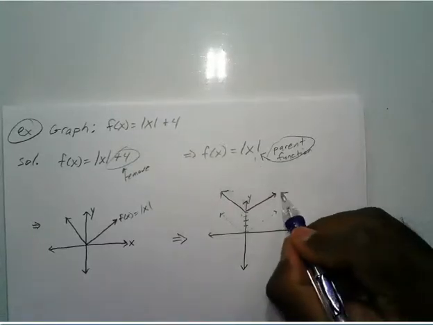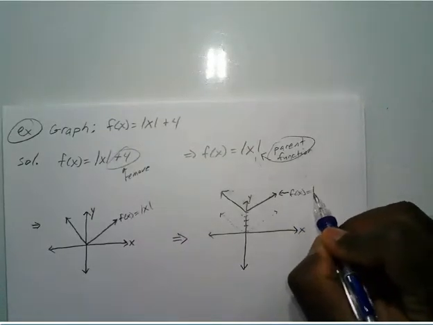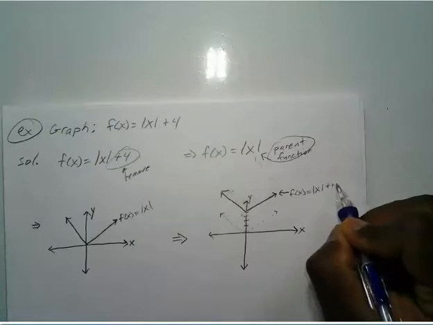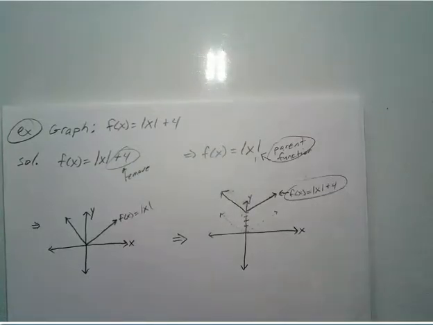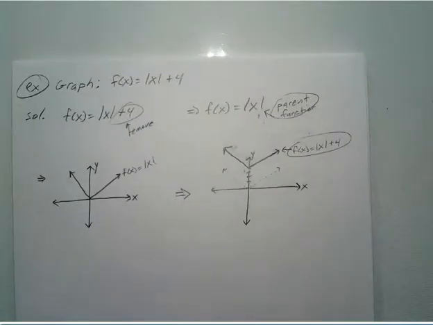Okay, so that means this graph here is f of x equals absolute value of x plus 4. So hopefully this is starting to make a little bit of sense.